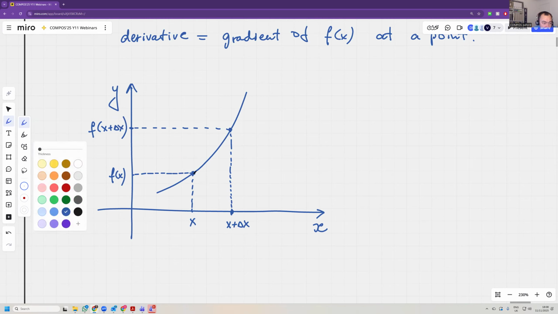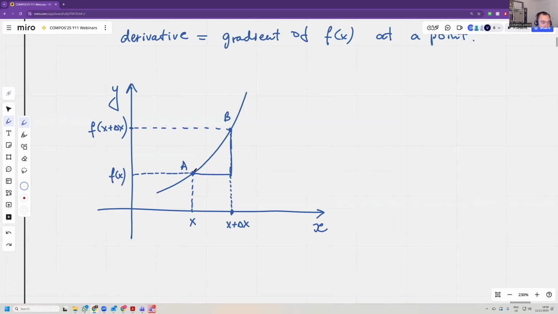And now we know what the gradient is. So if this is point A and this is point B, the gradient of AB, we draw a straight line from A to B, is the change in y divided by change in x.